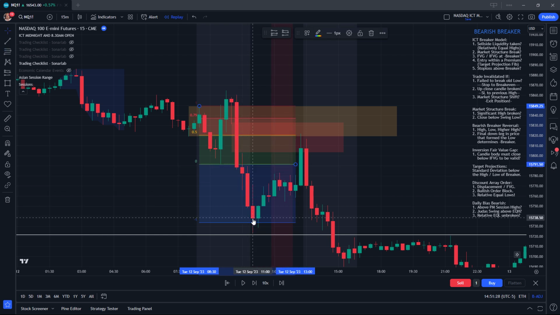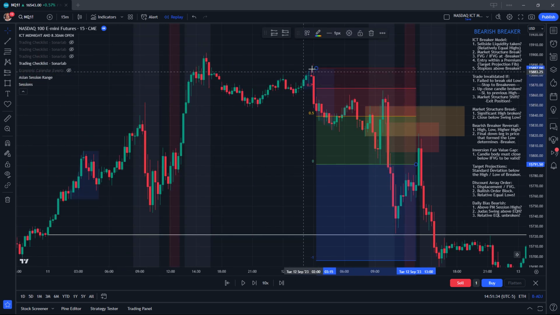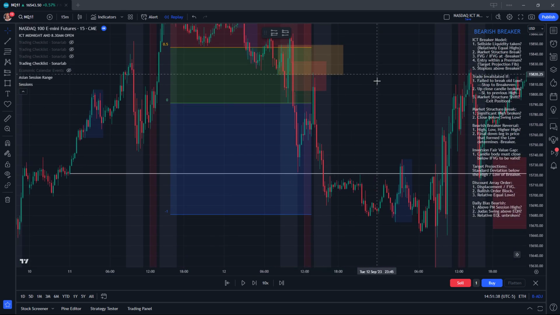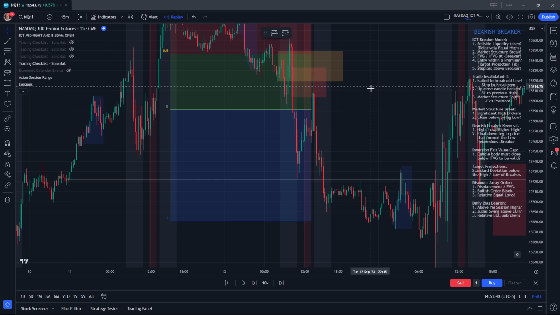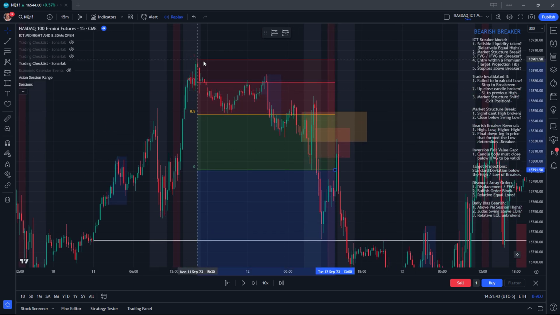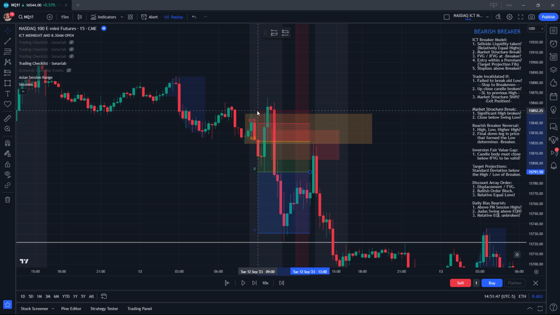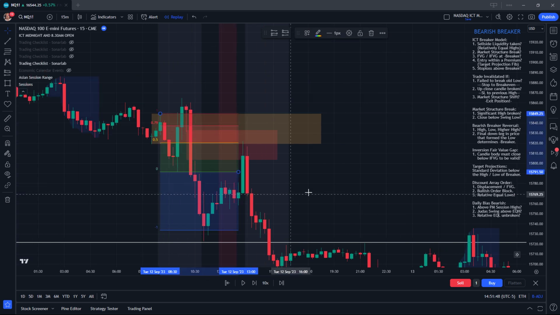That gives us our standard deviation projection. If we just go to the highest high, the whole high of the range, we might not always hit our target. So if we're just going from the high and the low of the breaker, that kind of gives us a low hanging fruit objective.